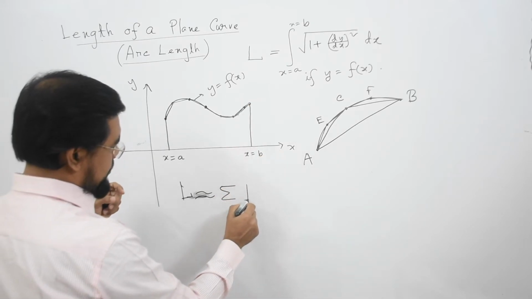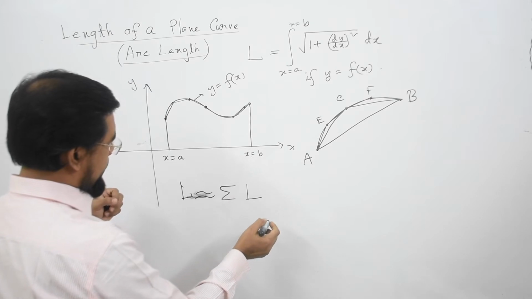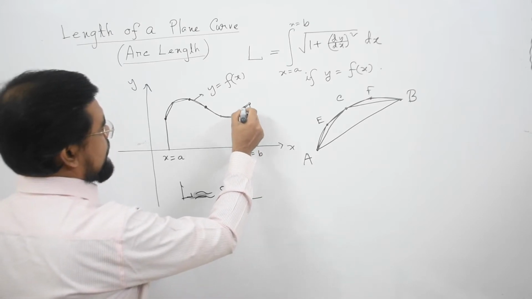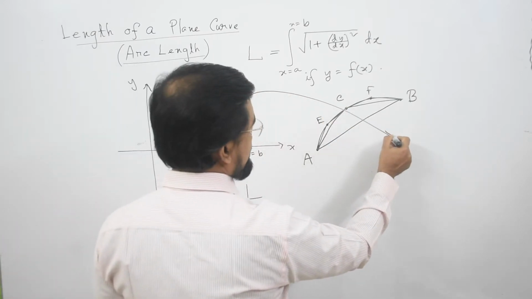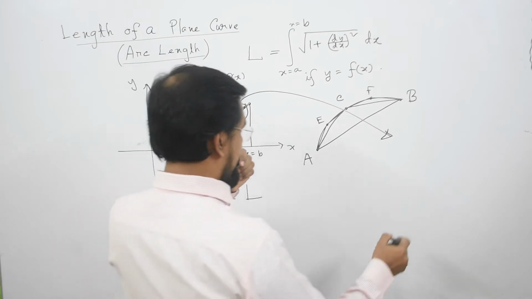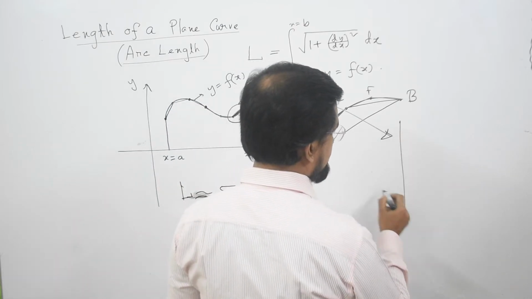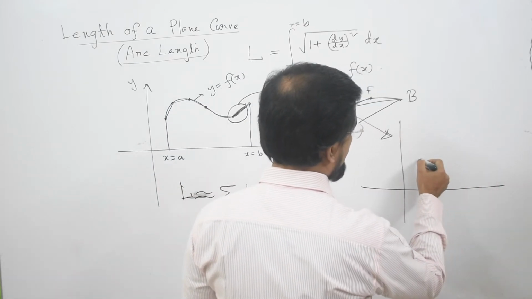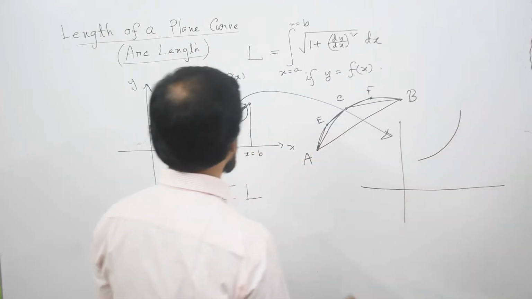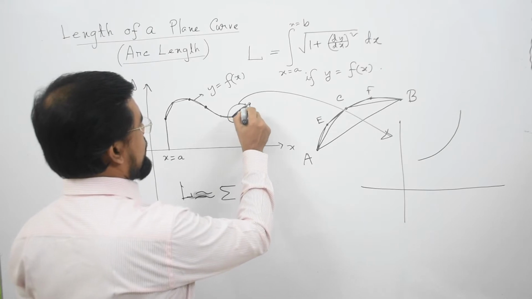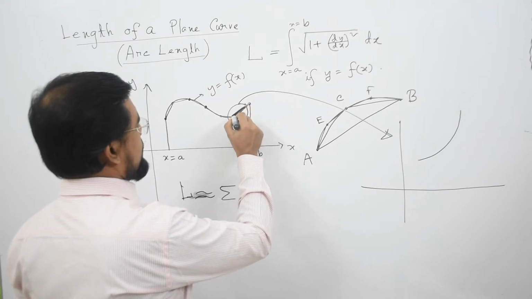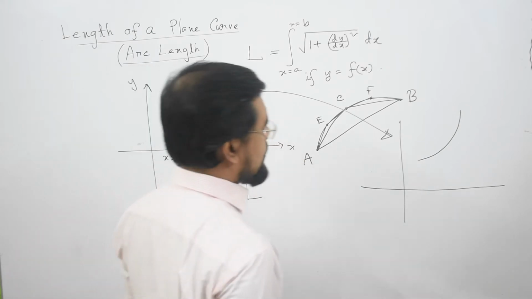So let's say the length of this line segment, let me zoom in. This is the magnification of this part, and we want to know the distance from this point to this point.